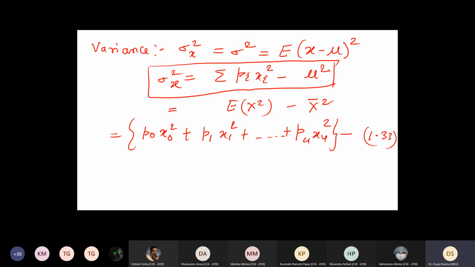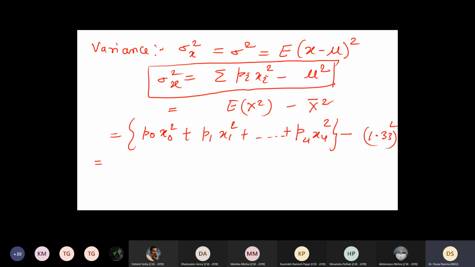1.33 whole square. So now we know the values of x0 and x1. What is x0? 0. x1 is 1, and we know the values of p0, p1 and so on. Put those terms. What was the value of p0? 1230 upon 3060? No, sorry, 445 upon 3060. That was p0.